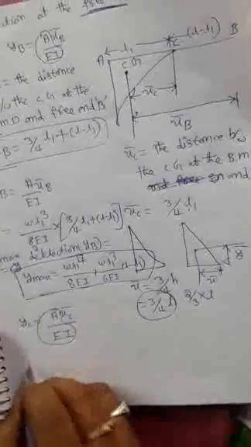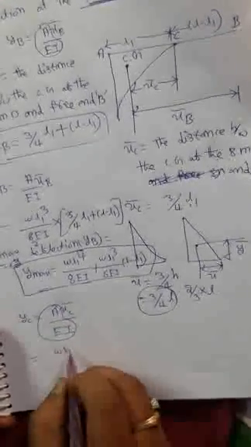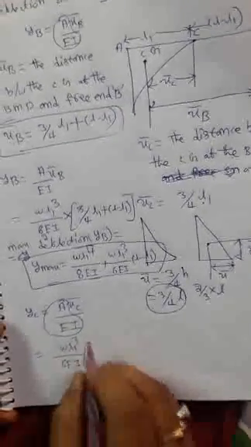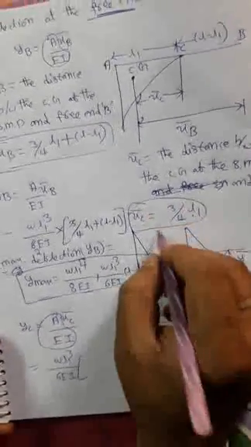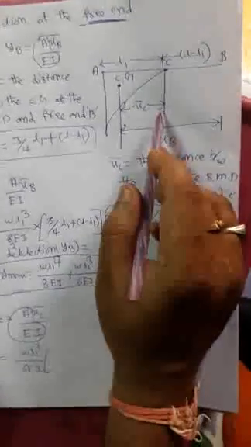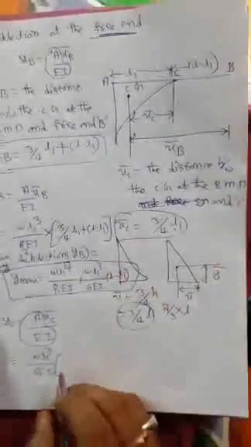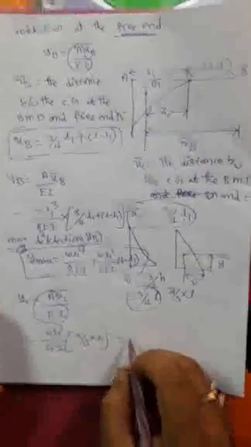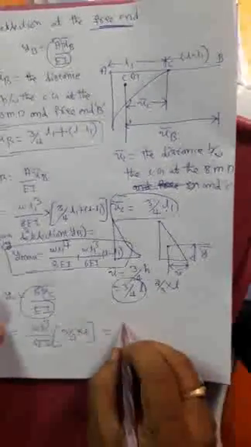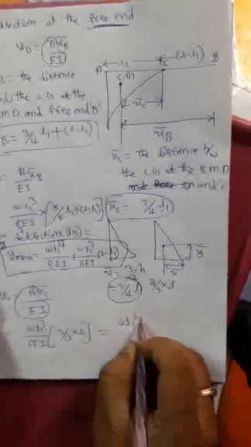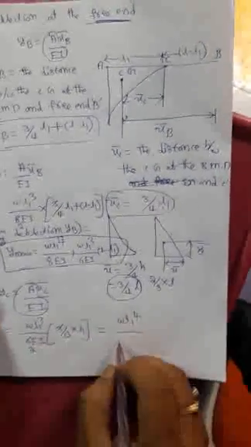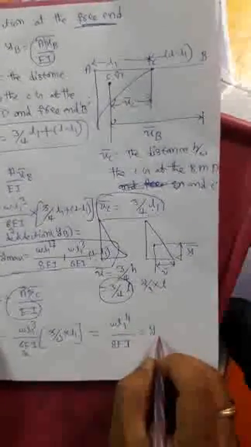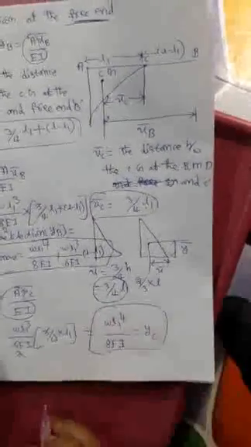A by EI is nothing but WL1 cube by 6 EI, already found. Next, x bar C is nothing but the distance from C to the center of gravity, that is 3 by 4 into L1. Finally, when we simplify this equation, we get WL1 power 4 by 8 EI. This is the yC.